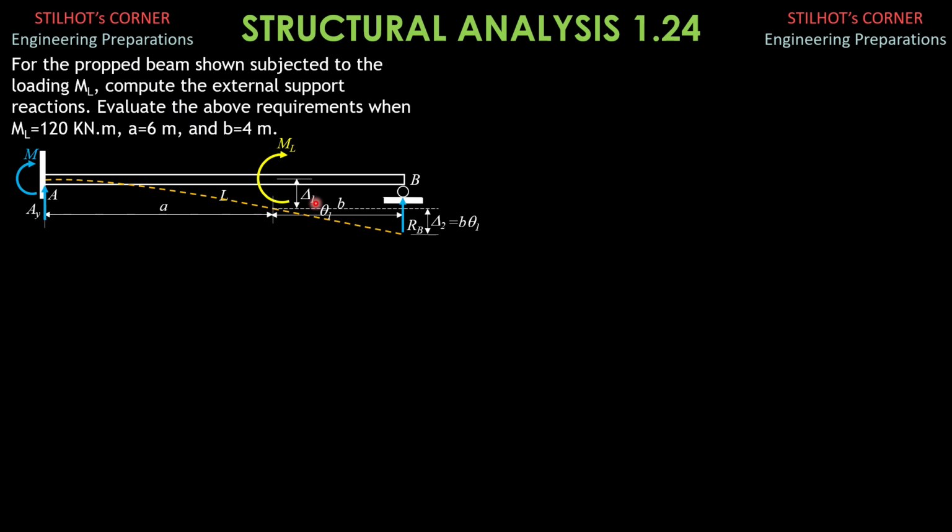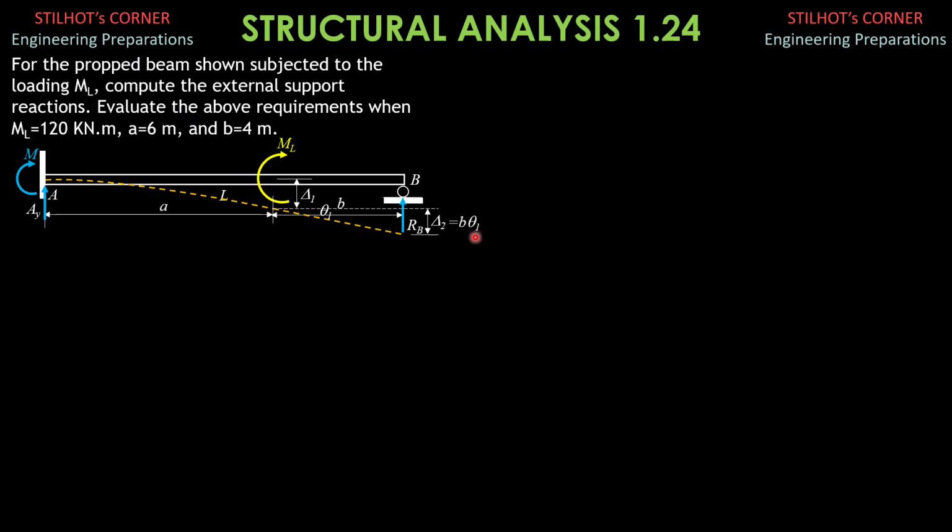So remember that the formula for EI delta is the moment at the wall, L squared divided by N plus 2. In this case, the moment at the wall due to the load is ML. The distance is A, so A squared divided by 2. So delta 1 is ML A squared over 2 EI.